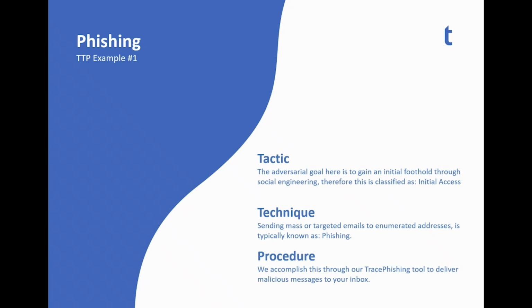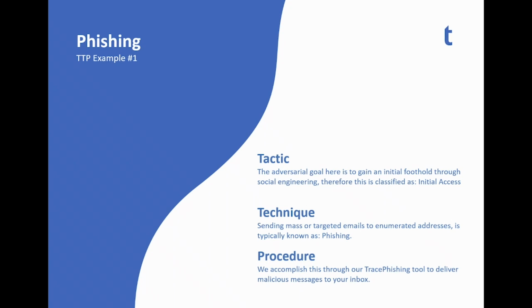To obtain that initial access, what I've chosen to do is to create a believable message and deliver it to your employee's inbox either en masse or in some sort of very targeted attack, in the hopes that this person is just not paying close enough attention that day. So the technique is called phishing. And here at TraceSecurity, we utilize the TracePhishing tool to deliver these messages to your inbox.